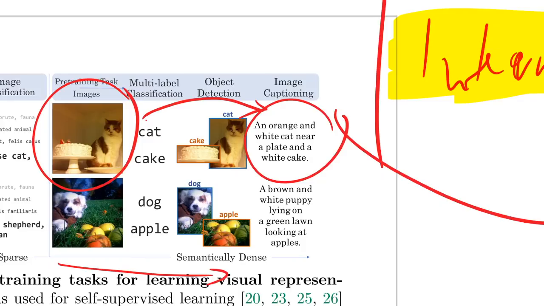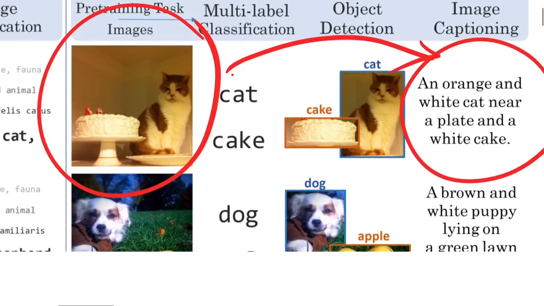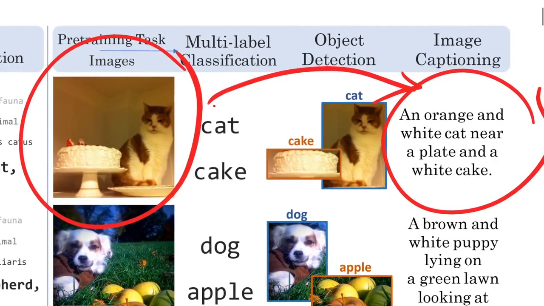But if you want to create a caption data set, that's even harder, because a human really needs to sit down, look at the image, and in ImageNet, everything is like one class. But here you need to look at the image, and then you'll have to come up with an adequate description. Here the adequate description is an orange and white cat near a plate and a white cake.